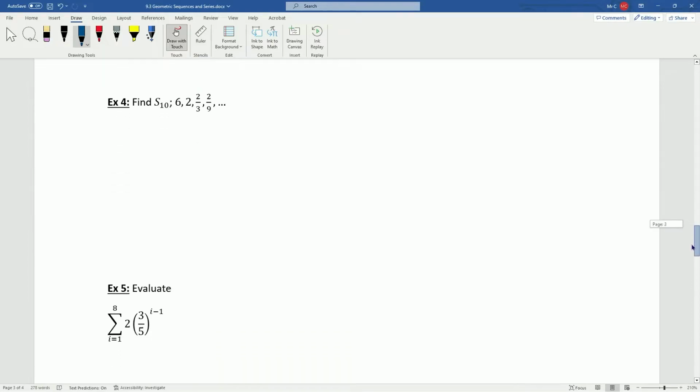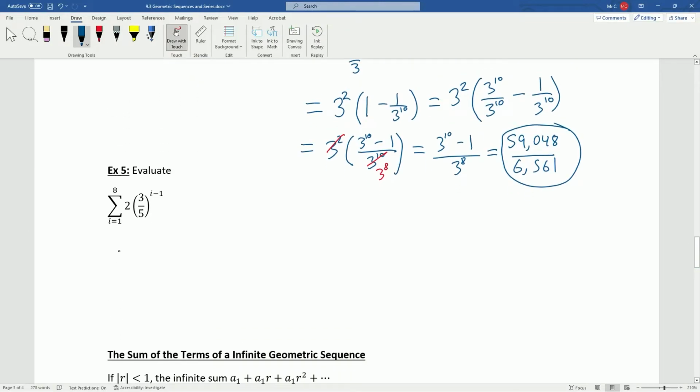So sometimes you're given something that isn't in that standard form, and you might have to manipulate it first, but let's just write out our standard form and see if it matches up.